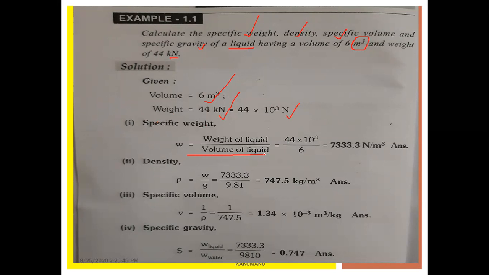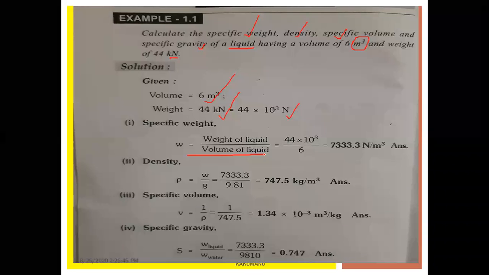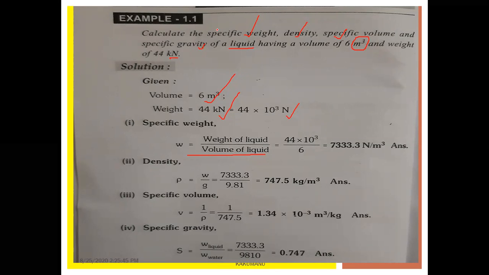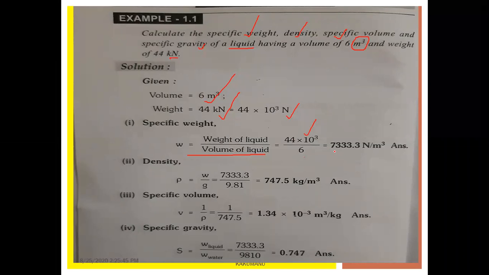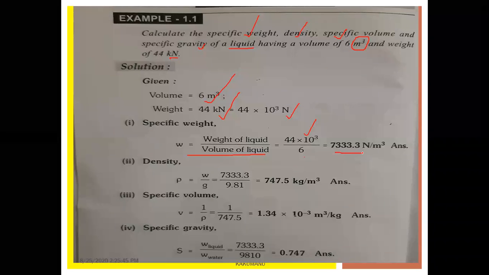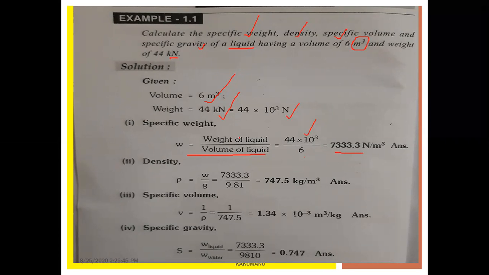Then what is the weight of the liquid? 44 kilonewtons, that is equal to 44 into 10 to the power of 3, by the volume of the liquid, which is given as 6 meter cube. So after deriving this, you will get 7333.3. Right? This is the answer for the specific weight.